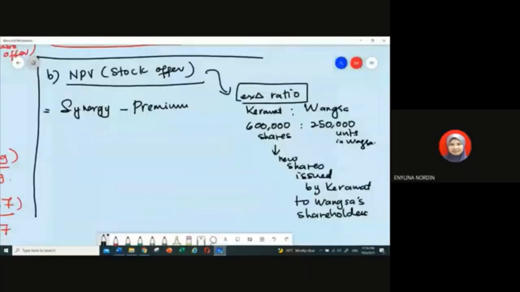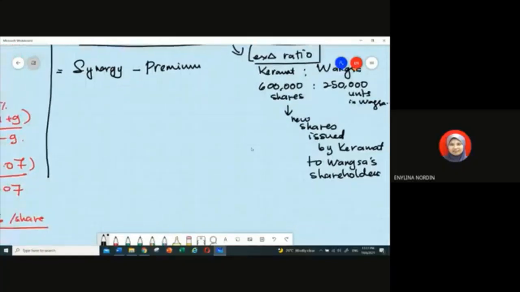Wangsa Setia will no longer exist after the acquisition, and the new shares issued by Keramat to Wangsa's shareholders will make them the new shareholders in Keramat Berhad.